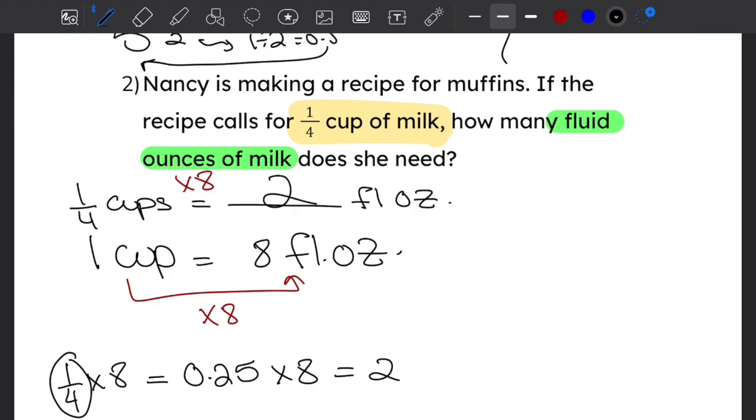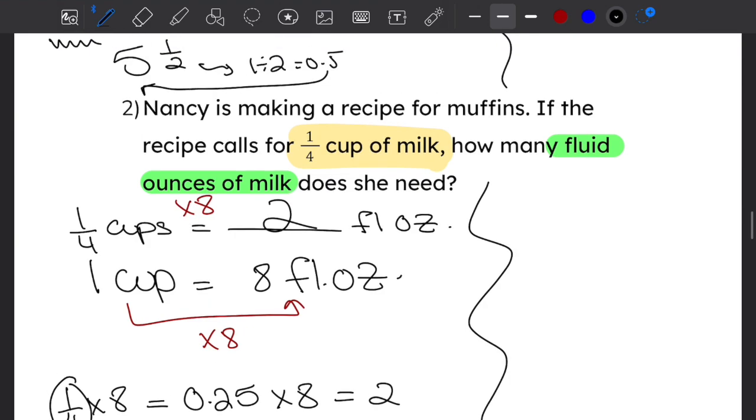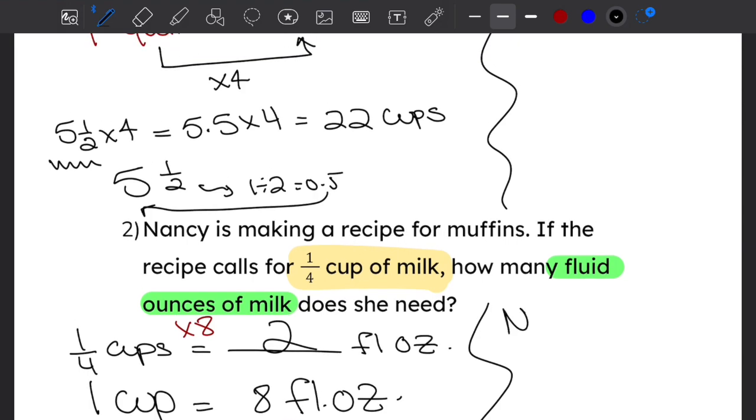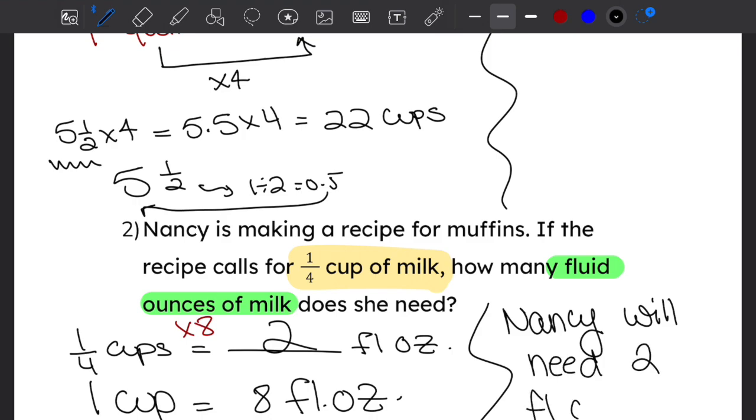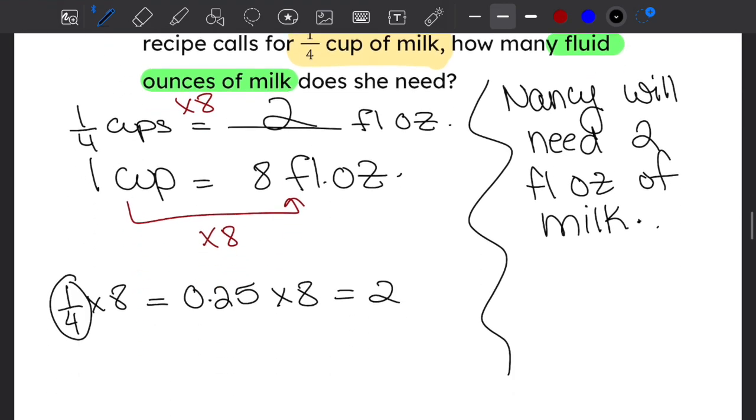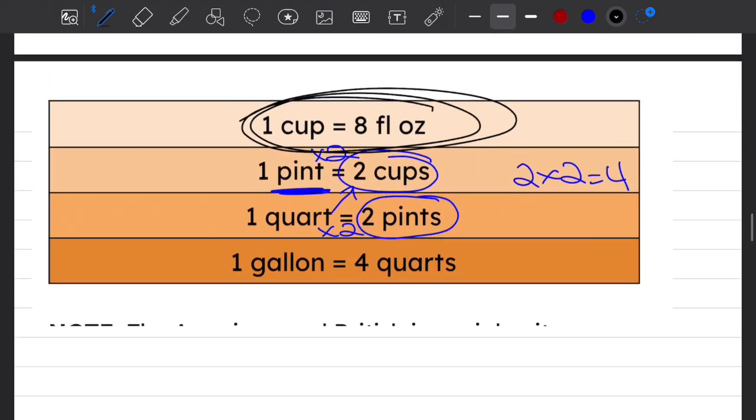So Nancy will need 2 fluid ounces of milk. I'm going to write that in a sentence. Nancy will need 2 fluid ounces of milk for her recipe. And we are done.